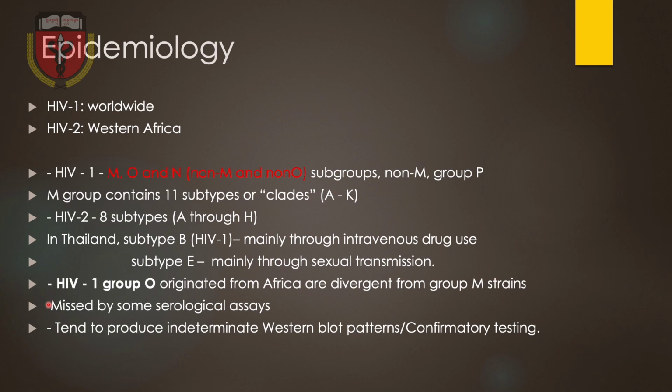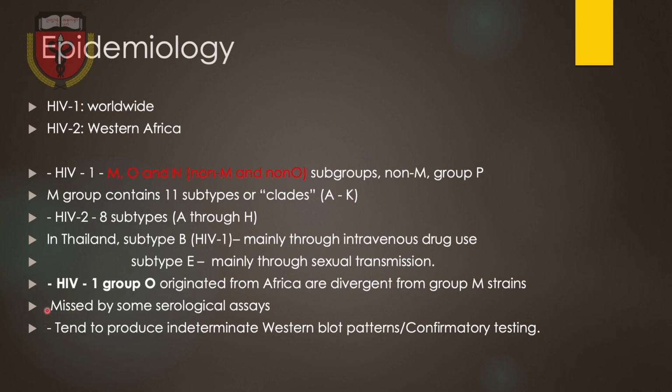But even the clinical manifestations of HIV are not really specific, because they are constitutional symptoms. So it can be missed if someone from Western Africa with HIV-2 comes and presents with these constitutional symptoms.